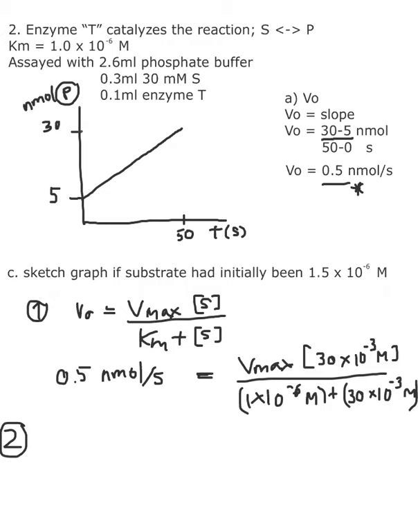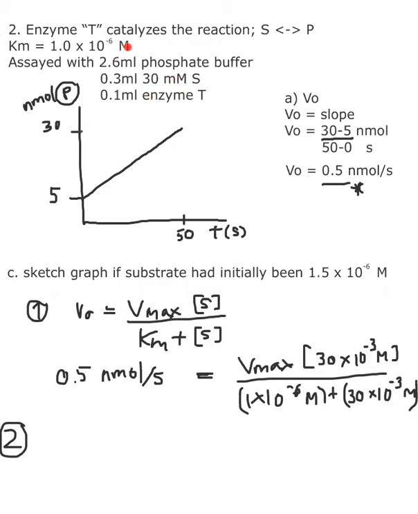The alternative method is that one thing to notice from this question is that initially the concentration of the substrate is equal to 30 millimolar, and the Km is 1 times 10 to the negative 6 molar.